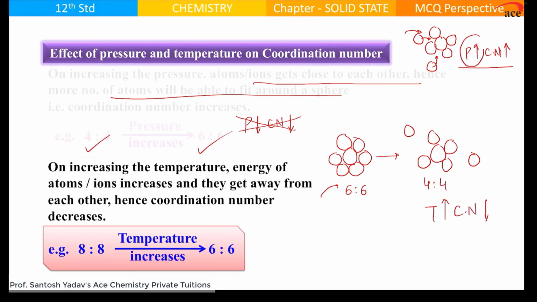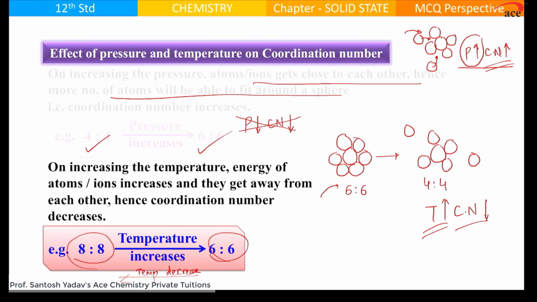So remember, when you pressurize, particles will be forced closer and closer, and coordination number will increase. If you increase temperature, particles will go away, and coordination number will decrease. So that is the effect of pressure and temperature. You got this? If you decrease temperature, can coordination number again become 8:8?